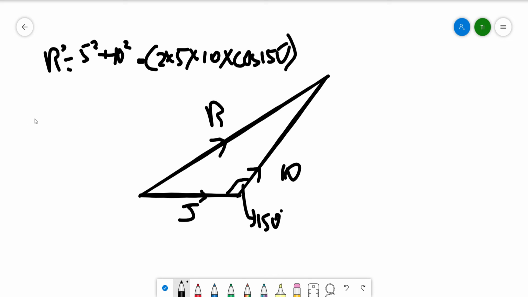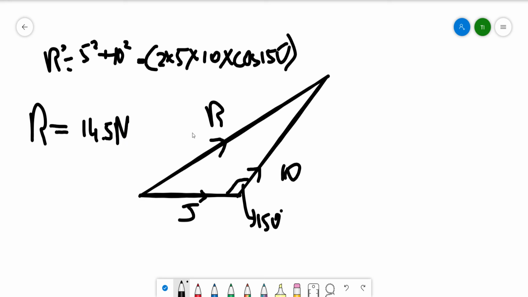So if you solve that, what you would get is that the resultant is 14.5 newtons.